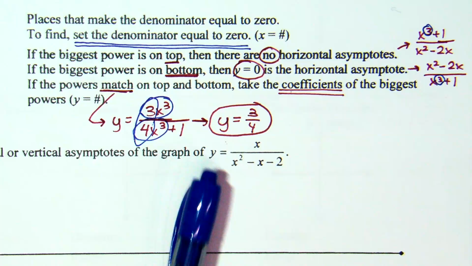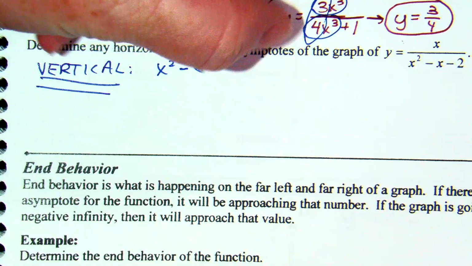Okay, let's practice. Determine any horizontal or vertical asymptotes of this given graph. Well, let's start with the order we did earlier. Vertical. How did it say to do vertical asymptotes? Denominator equal to 0. What is my denominator in this problem?